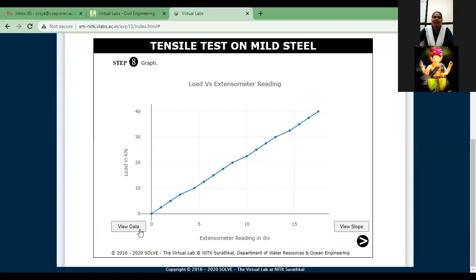This graph shows the slope of this line. After performing this tensile test, we are able to draw this stress strain diagram. How to perform this test, I have already shown you. Now I will move towards our next point.